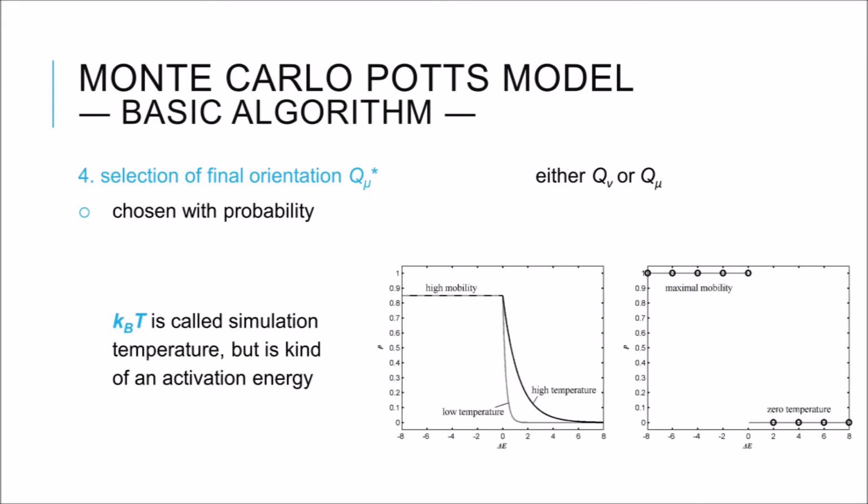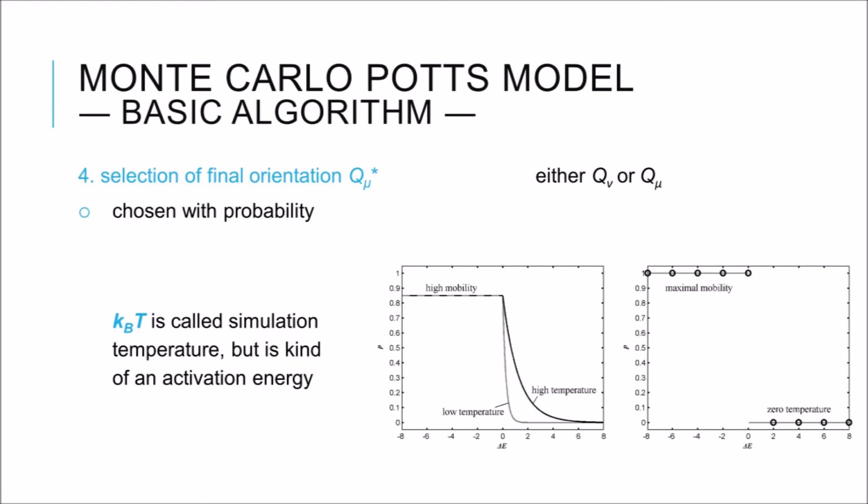Here we've introduced basically a new parameter, this KBT. KBT, or also often abbreviated as TS, is called a simulation temperature. But it's not a temperature, of course, it's some kind of activation energy.